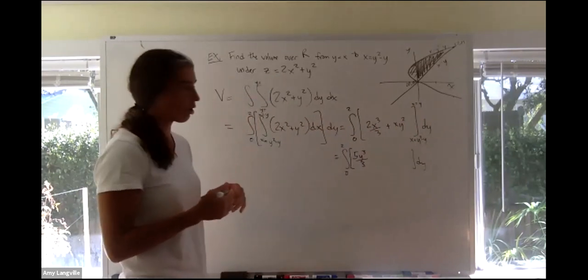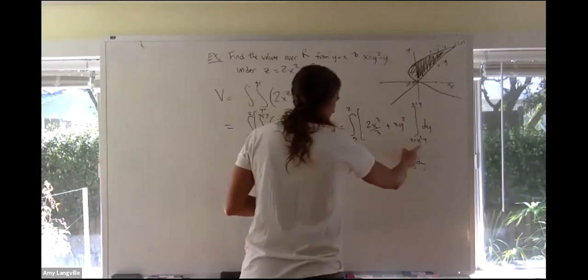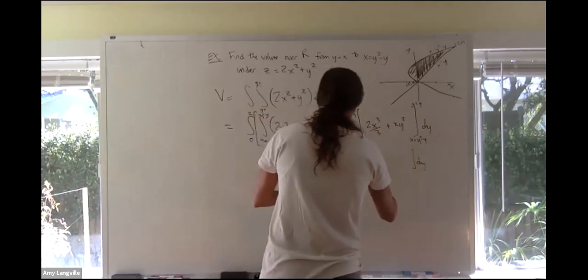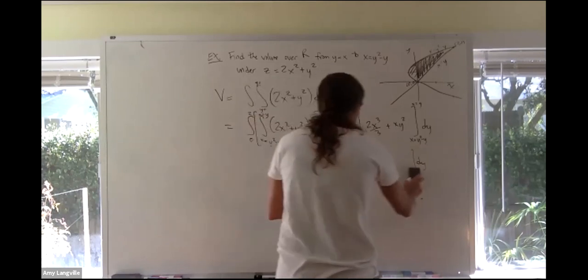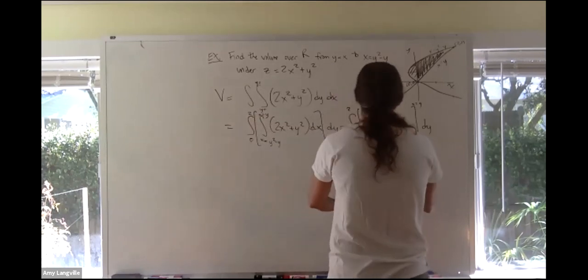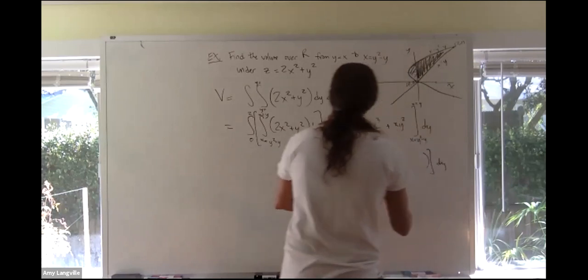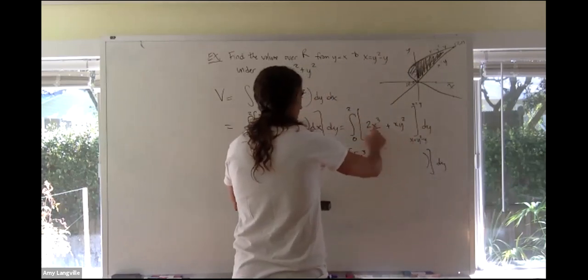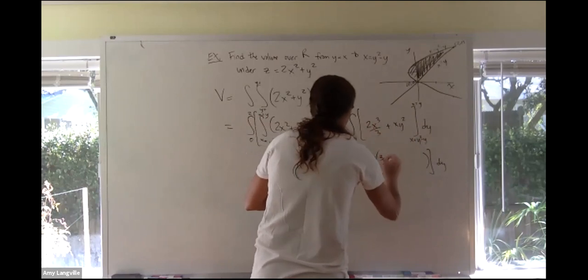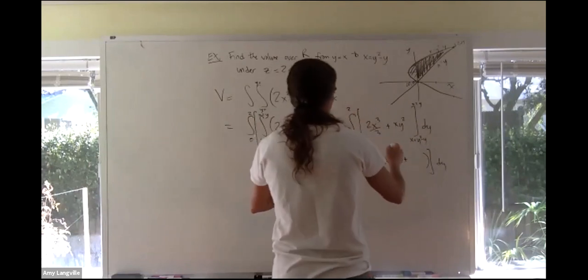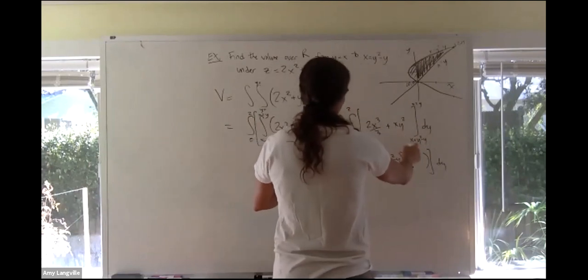Now I'm going to do it at the lower limit. Whenever I see an x, I'm now going to stick in y squared minus y. So maybe I need some more space here. Okay, x equals y squared minus y becomes 2/3 times y squared minus y cubed plus y squared times y squared minus y.